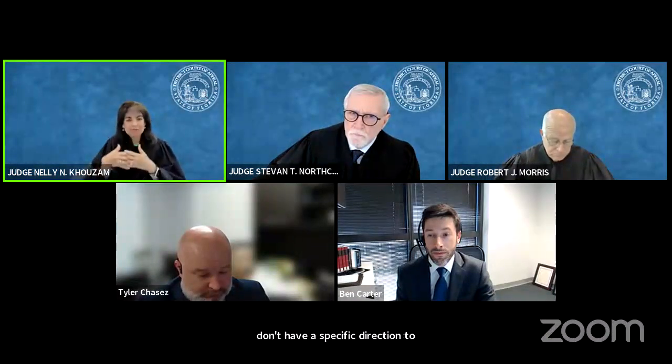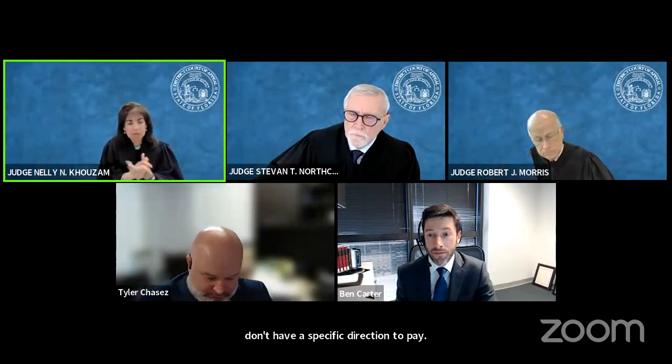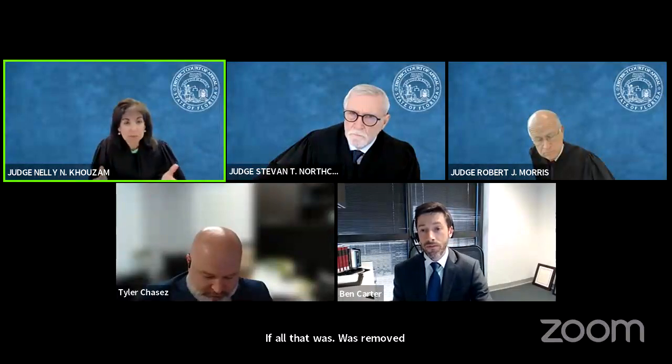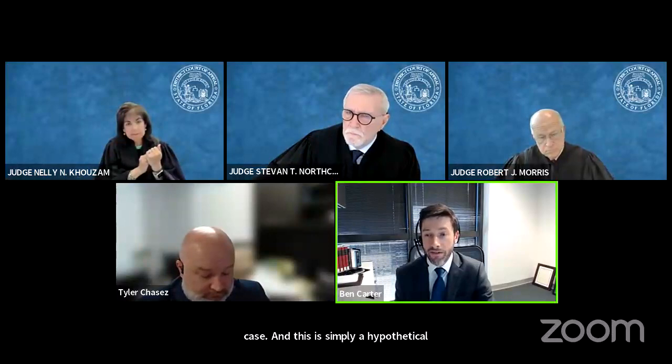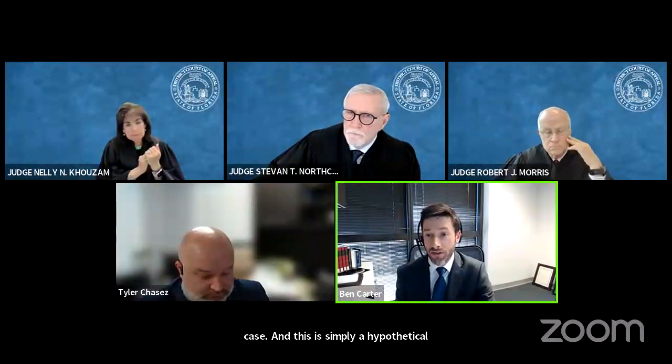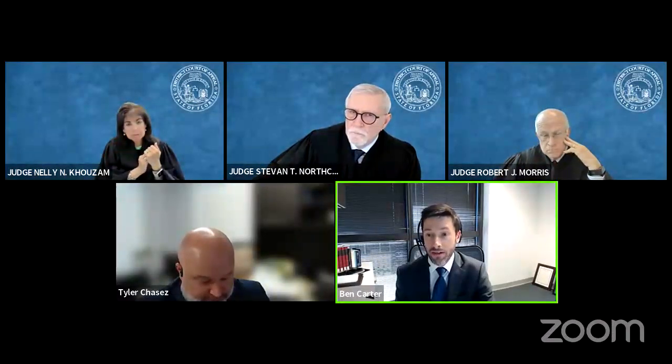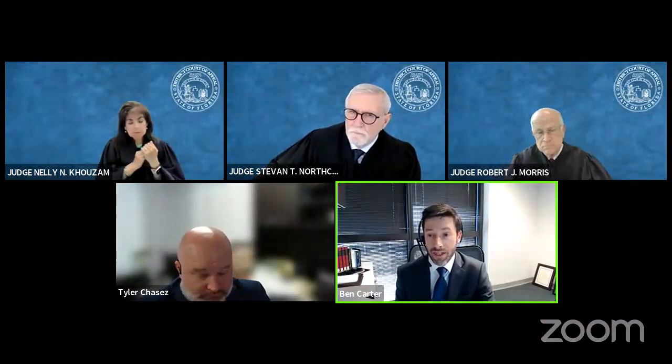If all that was removed from the facts of the case, and this is simply a hypothetical. The argument certainly could be made, and I think if that were the case, we would have needed some additional discovery below in order to establish, okay, what exactly is this money going to be used for? What purpose did the insured assign their claim to HICA for?